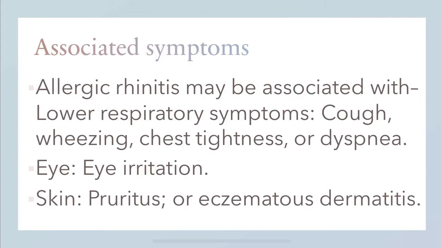Associated symptoms are: lower respiratory symptoms will include the cough, wheezing, chest tightness or dyspnea. Eyes, we have eye irritation, that is itchy eye. Skin, there is pruritus or eczematous dermatitis. Okay, in the skin there is pruritus or eczematous dermatitis.